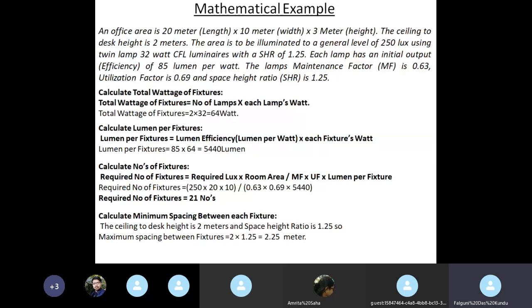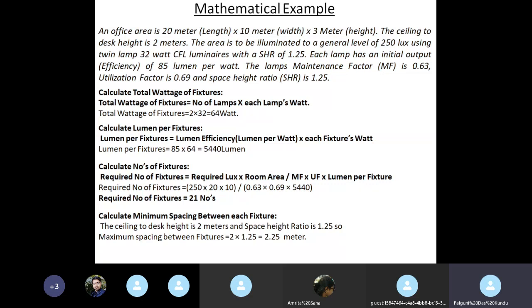That means 85 lumen per watt into the total wattage of fixture, 64, that is 5440 lumen.